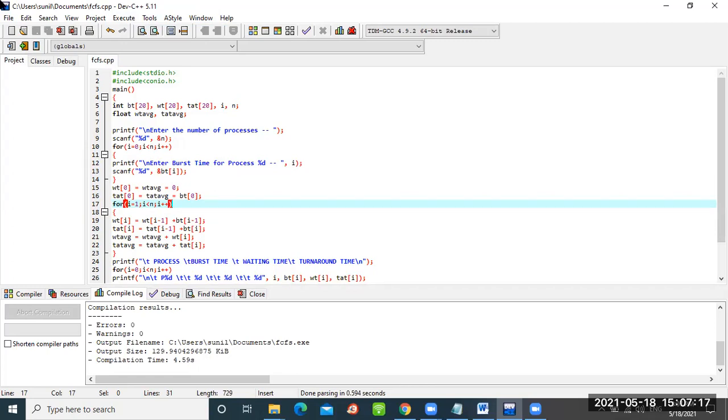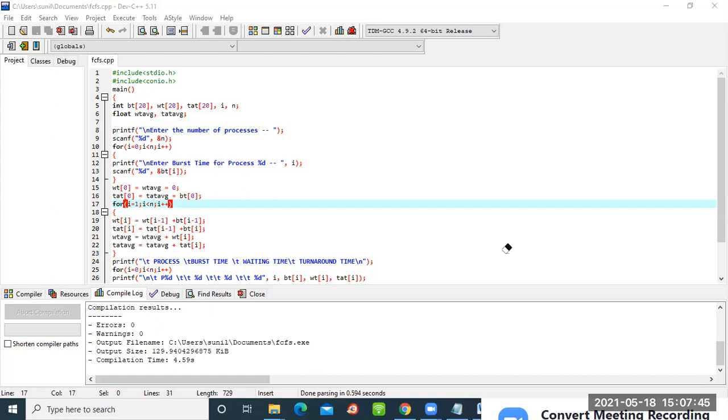If there is any error, it will be displayed here. As it's displaying 0, there is no error. Sometimes it will give a warning. A warning means you can change it, but it is not a type of error. Fine. As it is compiled and we are not getting an error, we will execute our program.